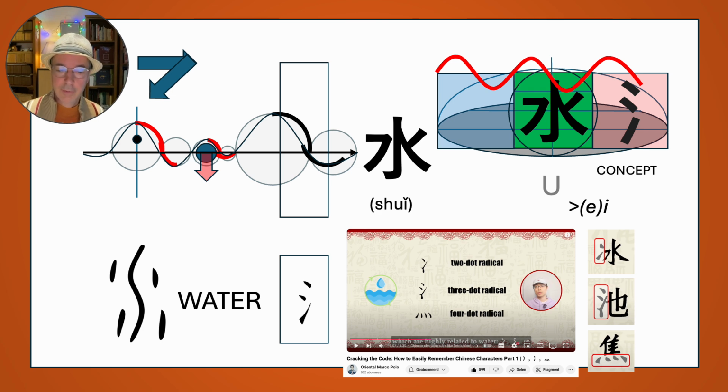And there was a very good video on the internet, which I can recommend to you. It's from the Oriental Marco Polo, so I make some publicity. And there he explained very well how the different conditions of water can be recognized in words as a separate character. You can see 3 dots here, which really represents water, the stream and the splitting into the water drops, let's say.